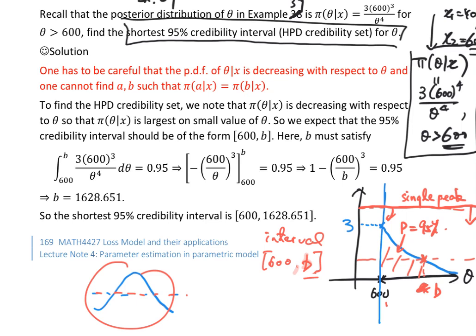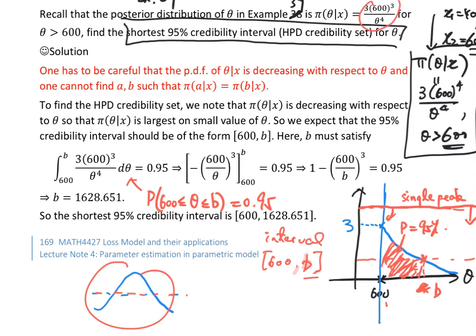Now, to find this B, I would say this is easy. You just need to have this probability equal to 95%, right? That means you are asking for the probability that theta is between 600 and B equal to 95%. Remember, 600 is your lower bound.